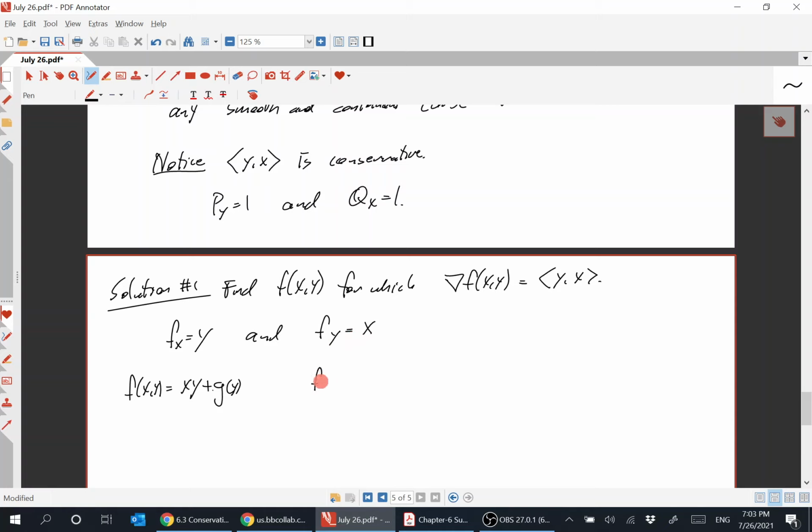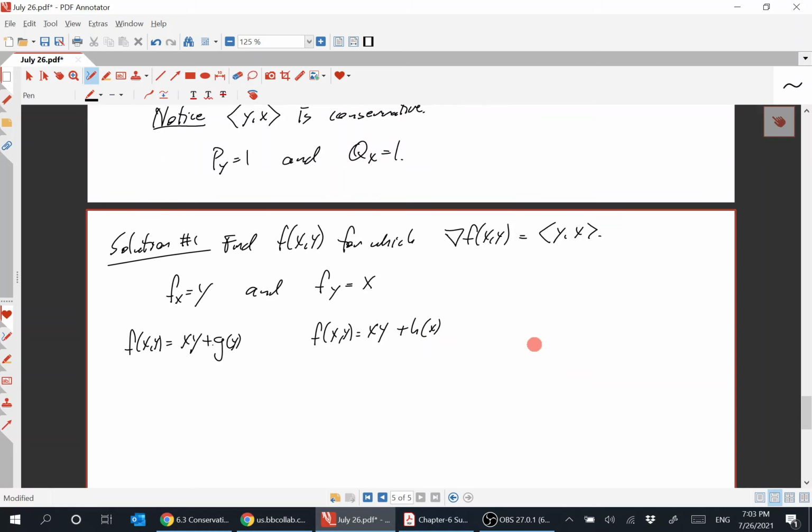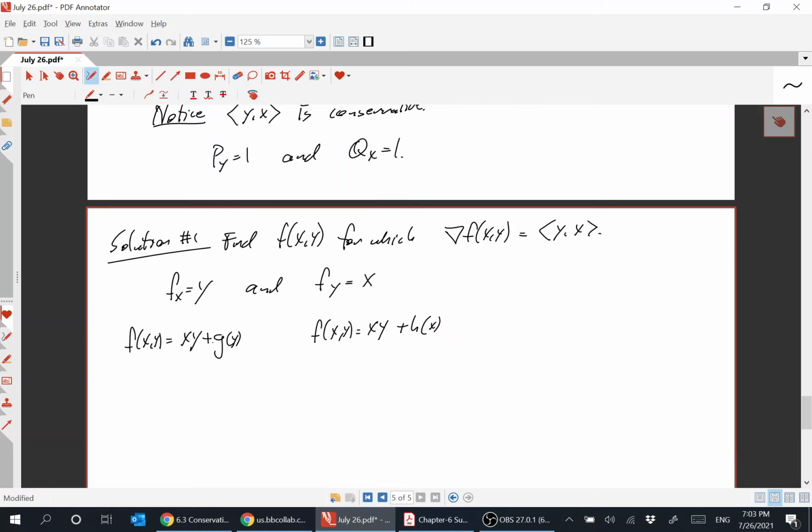The antiderivative with regard to y is xy plus some function just in terms of x, which would be an arbitrary constant when taking a partial derivative with respect to y. So here just let g and h be 0. So we use f(x,y) equal to just xy.